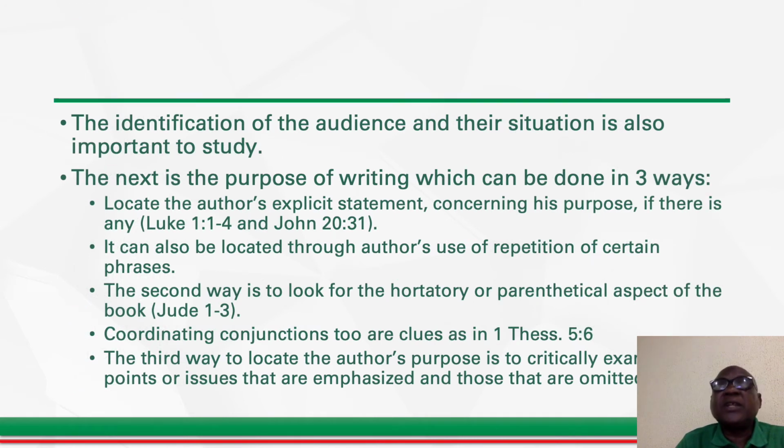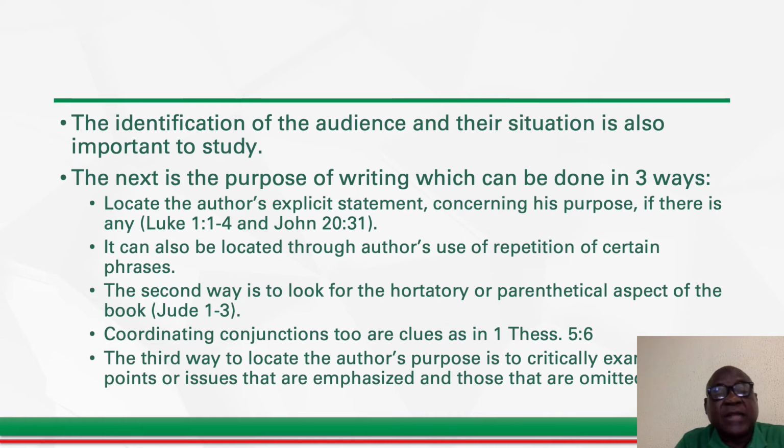Now, you also need to identify the audience and their situation. Then, the purpose of writing, which can be determined in 3 ways. 1, you can locate the author's explicit statements concerning his purpose, if there is one.